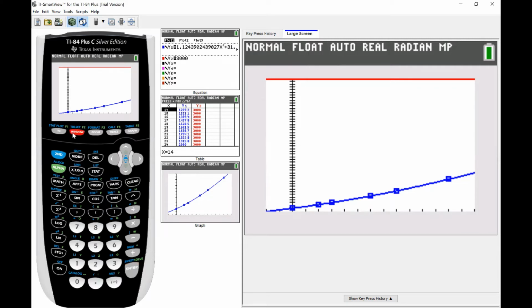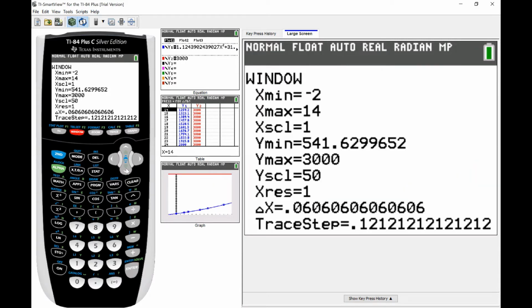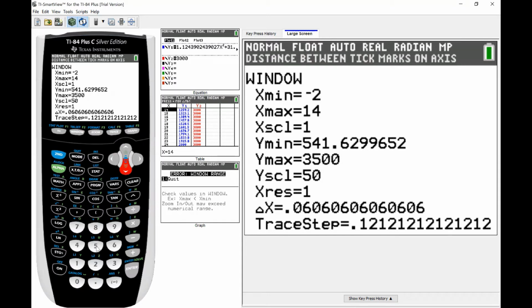So now let's go to window and let's make our Y maximum, instead of 3,000, let's make it like 3,500. And let's count by 500.